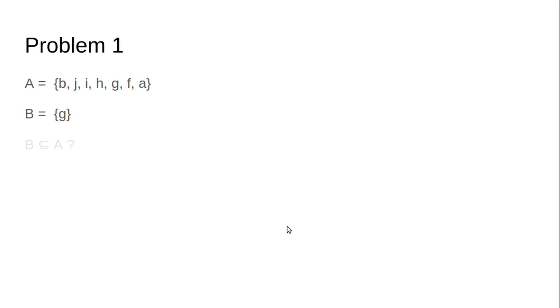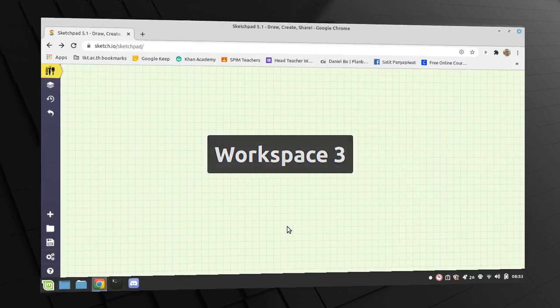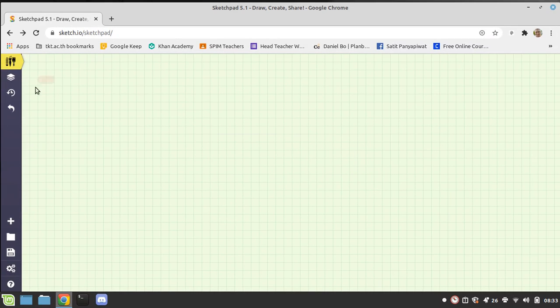Our second problem is set A is H, A, F, I, E, G, L, M, and B, and set B is C, I, K, L, J, and A. So this is a little bit more complicated.